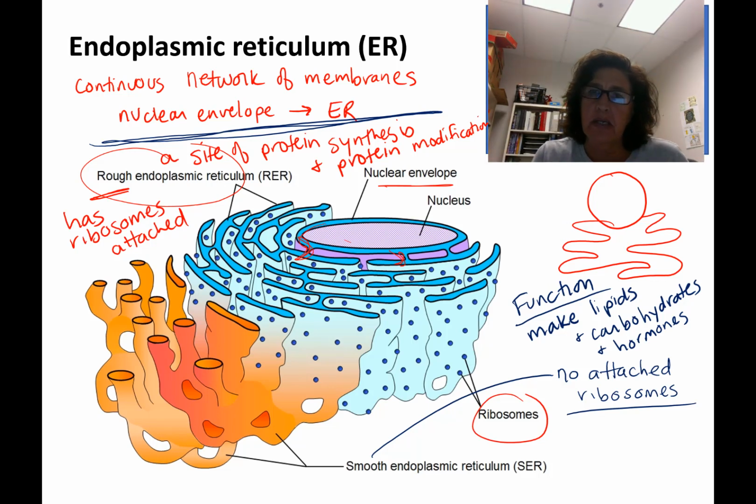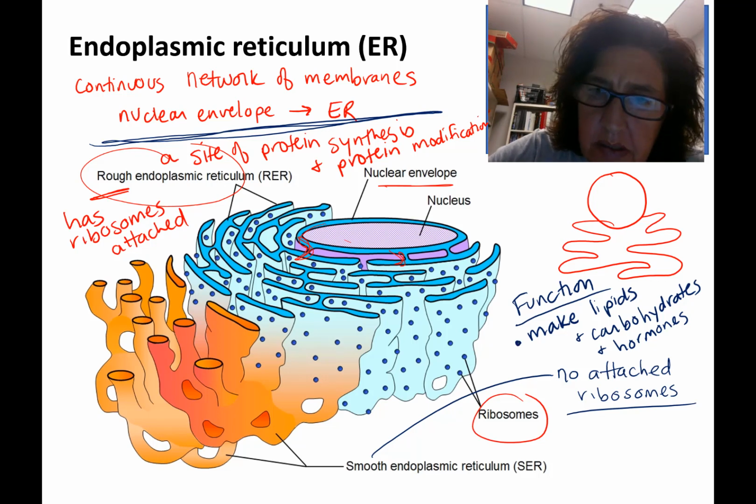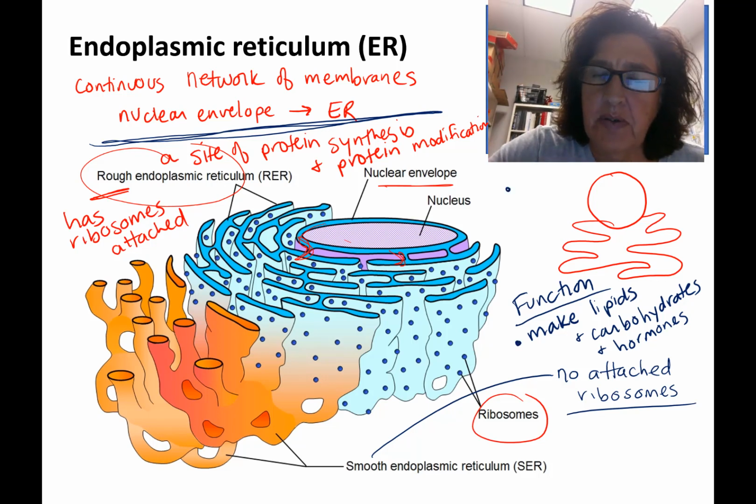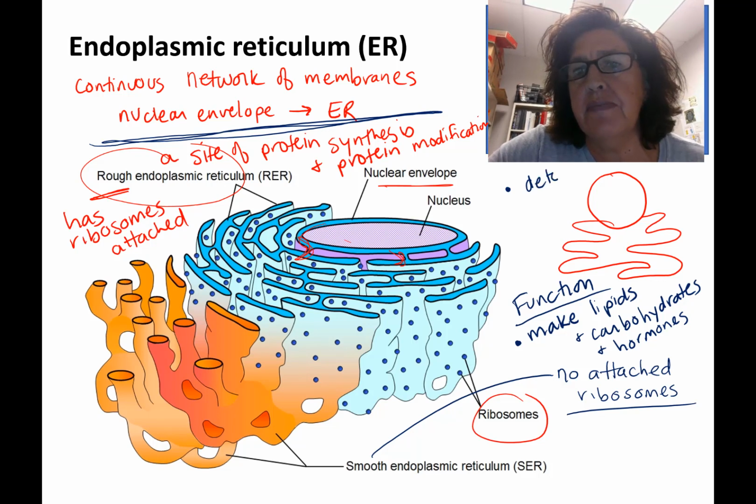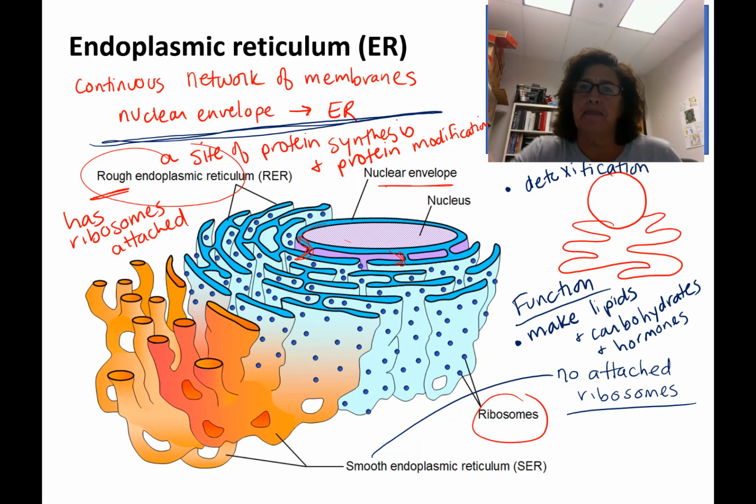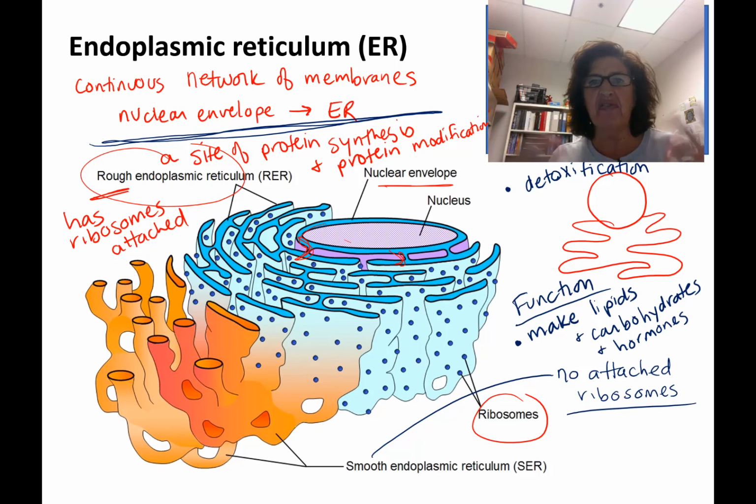It also has a role, so it's a producer I'm going to put up here. It also has a role in what we call detoxification. So the cells in your liver are full of smooth ER, where a lot of drugs, alcohol, other foreign molecules come through and get detoxified by the smooth ER.